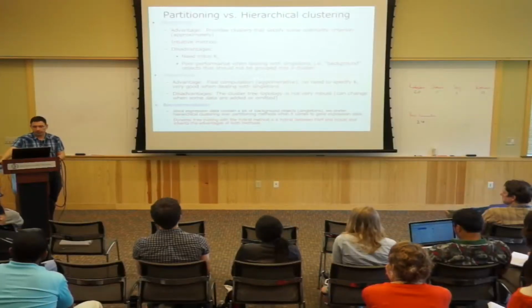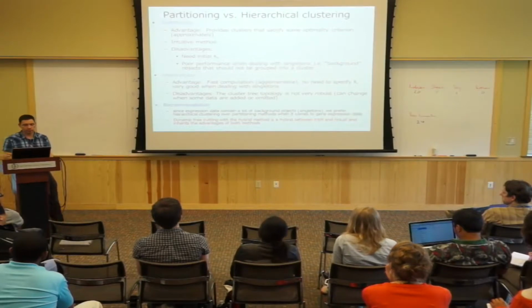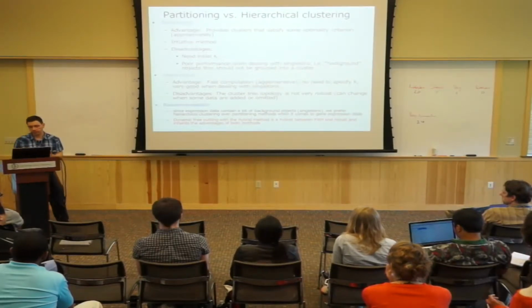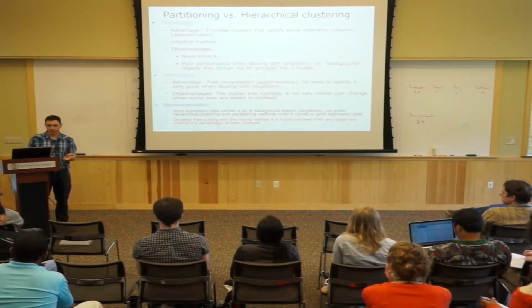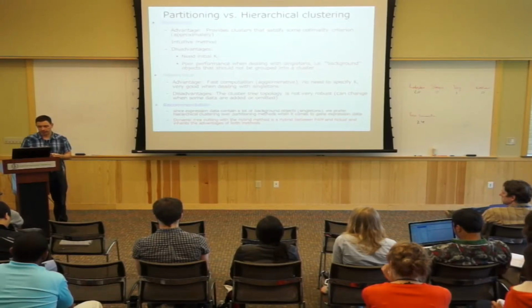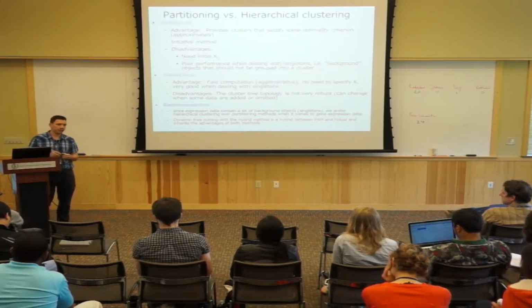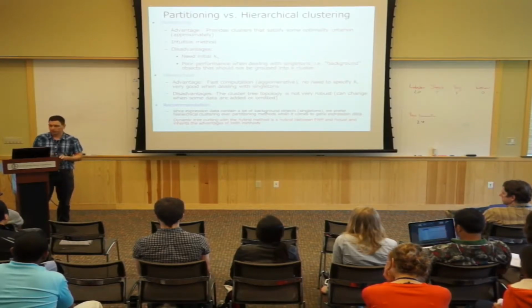And the good news is we have such a method, and that is called the dynamic tree cutting hybrid method. This is a method that really combines partitioning around medoids clustering with hierarchical clustering. And this is implemented in R, and I will show that to you after the break, so we'll get to that.